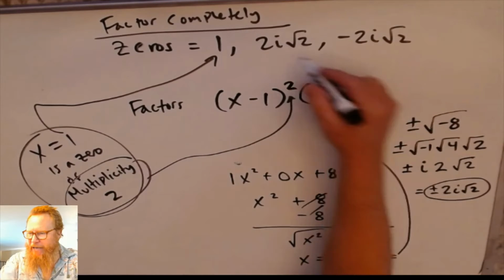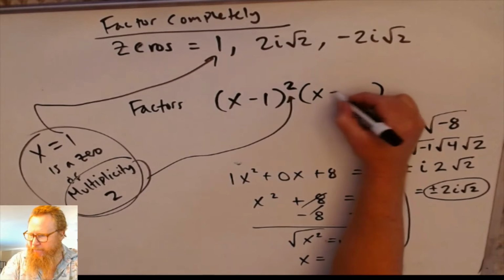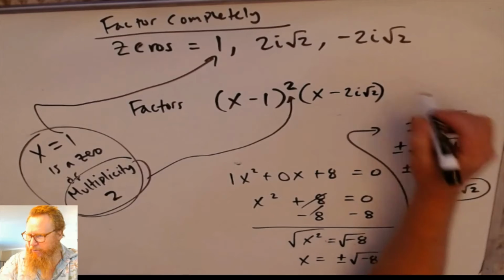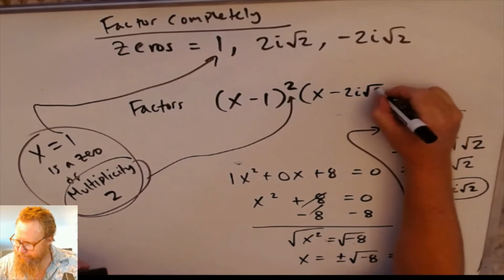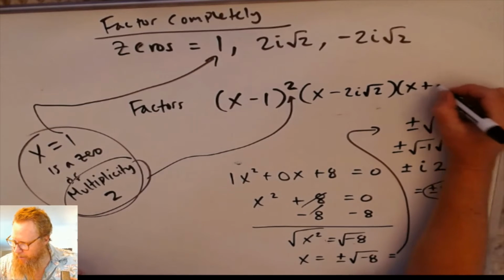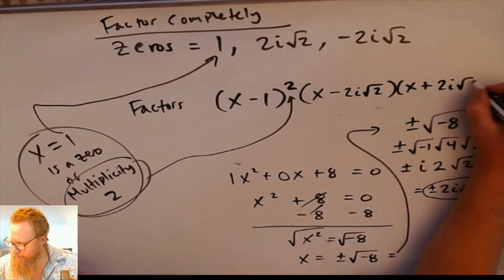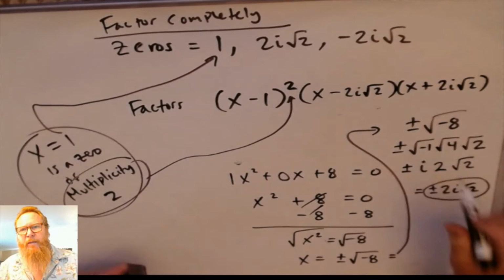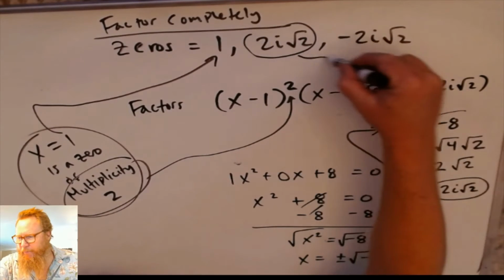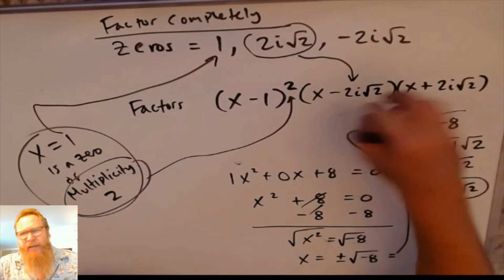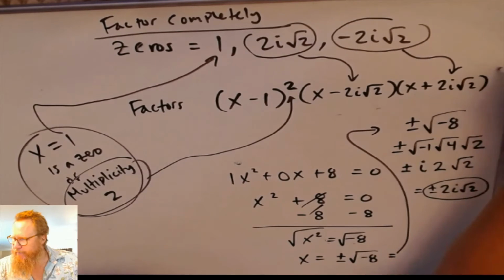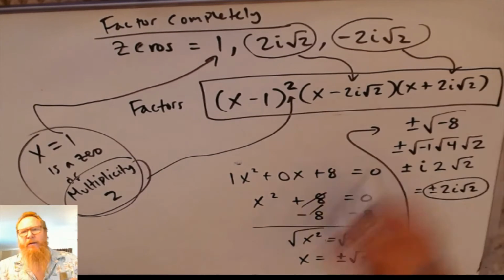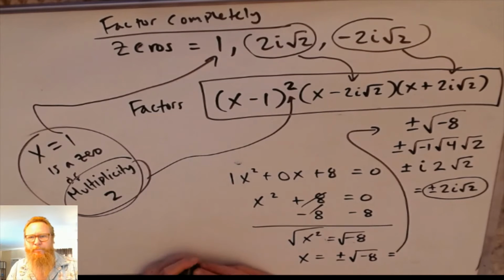And then the imaginaries are just going to be x minus 2i square root of 2 and x plus 2i square root of 2. So the one that's positive, when you put it in, it's negative. And then the one that's negative, when you put it into the factor, becomes positive. And so that is your complete factorization.